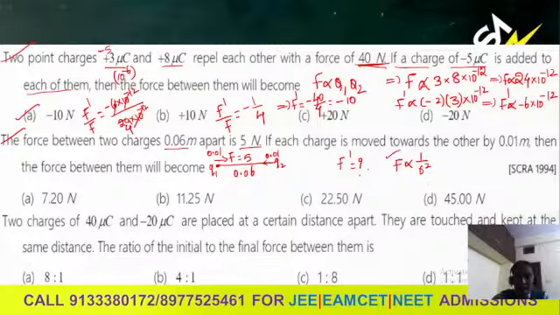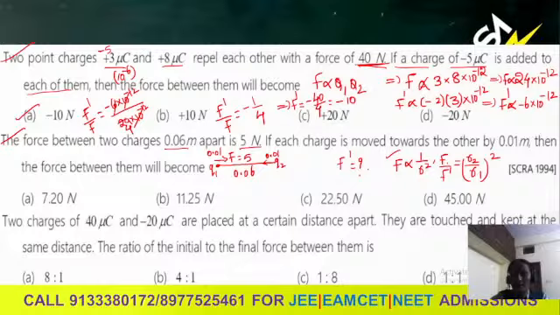Taking this relation, I can say F dash by F, or you can write it initially as F, next as F dash, which will be equal to, as it is inversely proportional, R2 by R1 whole square.